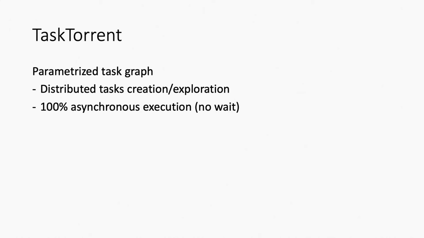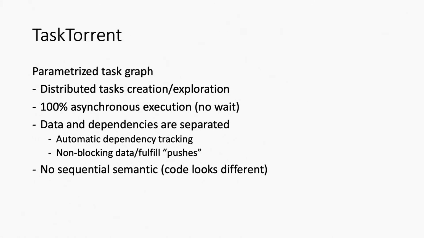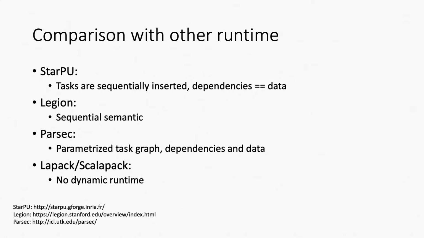The main thing is that you end up with code that looks very different from what you would have in sequential code. If you write sequential code, it's a bunch of loops. Here, your tasks are a bunch of functions of some index, so it's very implicit in some sense, which makes it somewhat weird. So I just want to mention the differences with other runtimes.